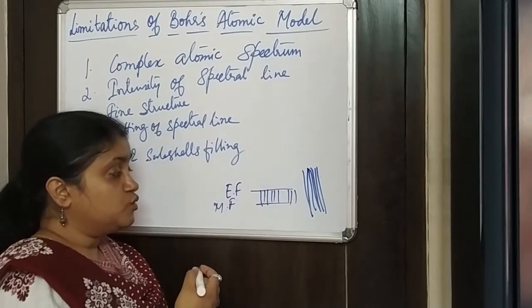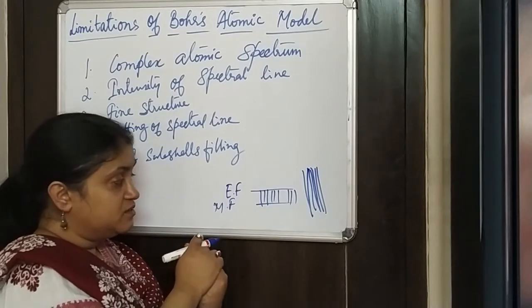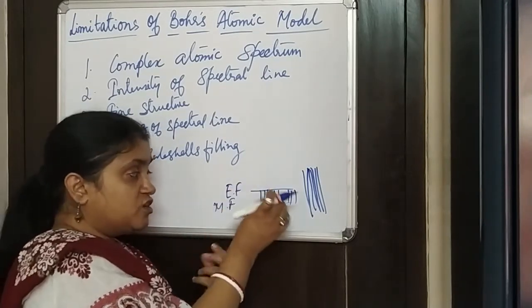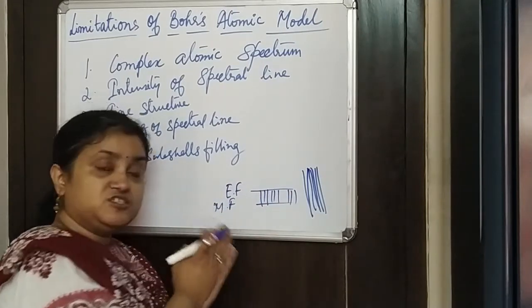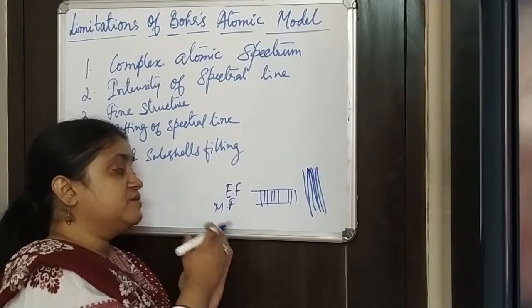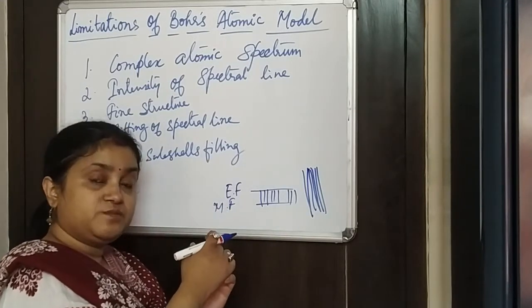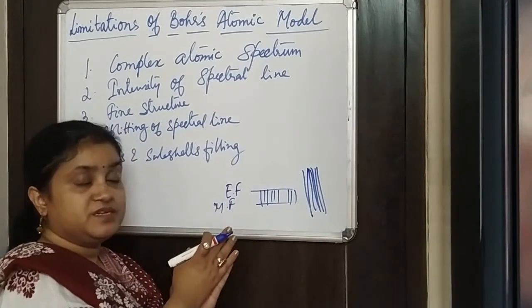So in the presence of an electric field or a magnetic field, very interestingly, the lines got split up into many lines. Why are such things happening, how are the electric field and magnetic field interacting with the atomic spectrum, and how is the splitting happening? This whole thing was not explained by Bohr's atomic model.